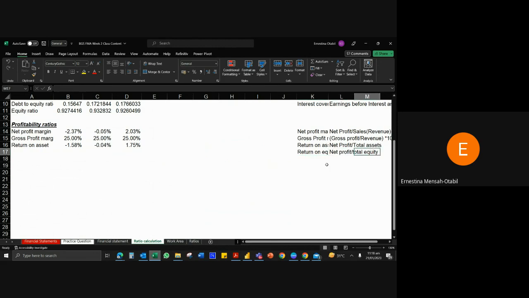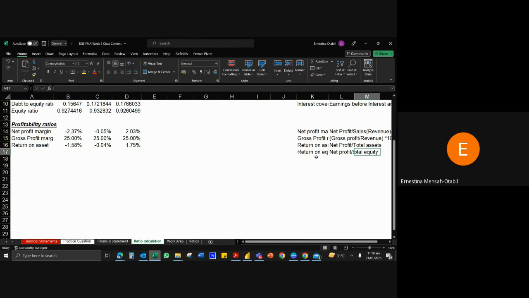It measures how profitable the company is, or how the company can make profits without using a lot of the shareholders' equity. With return on equity, we are looking at the company making profits while keeping the shareholders' equity very low.